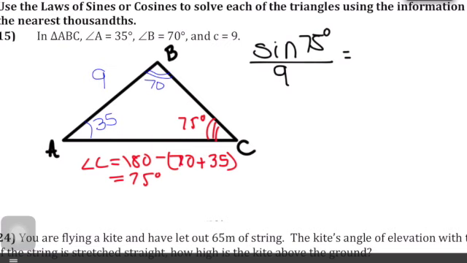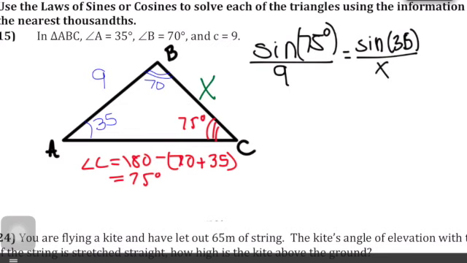Let's call this side here x. So I'm going to use sine of angle A, which is 35, divided by its opposite side x.